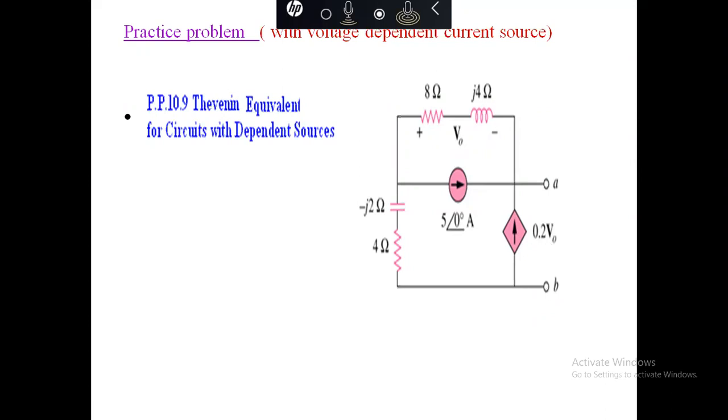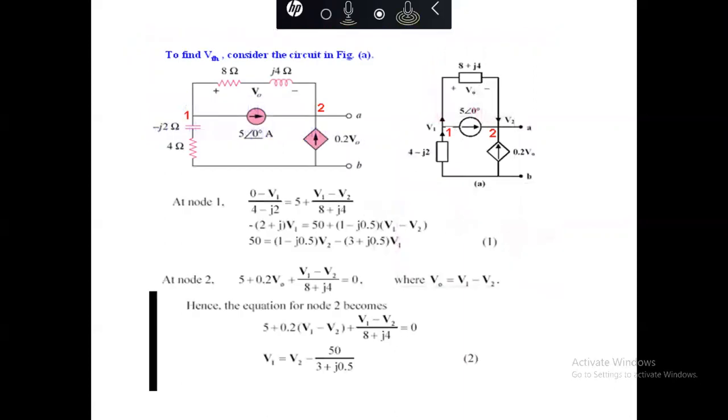So we have an independent voltage source and a voltage dependent current source, and we have here the potential V naught across this 8 plus J4 ohm. I hope you have tried this problem, and now we see the solution of this problem.